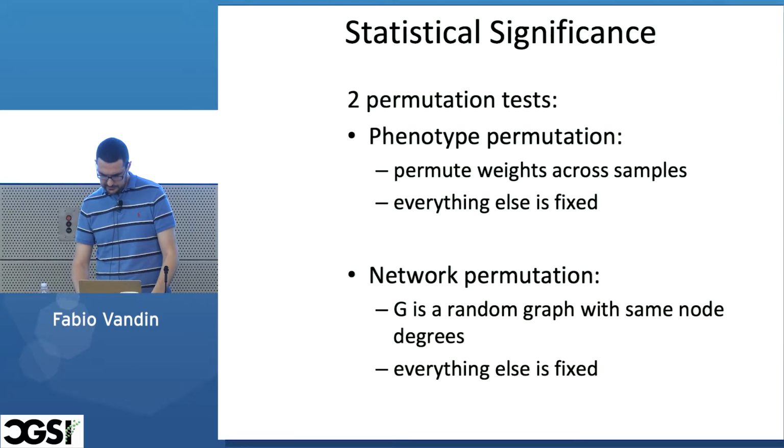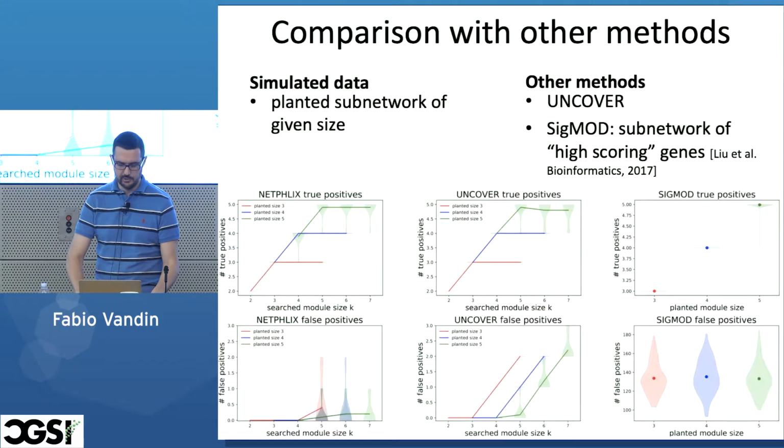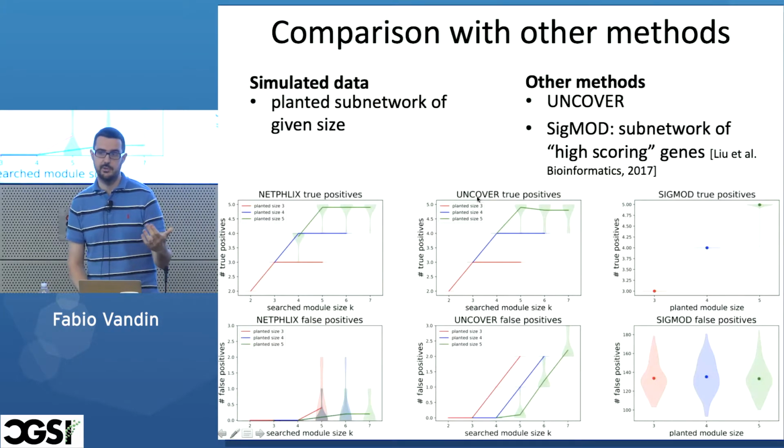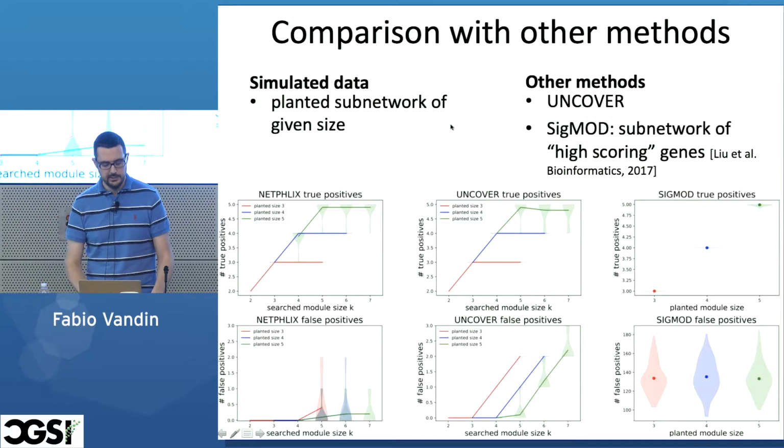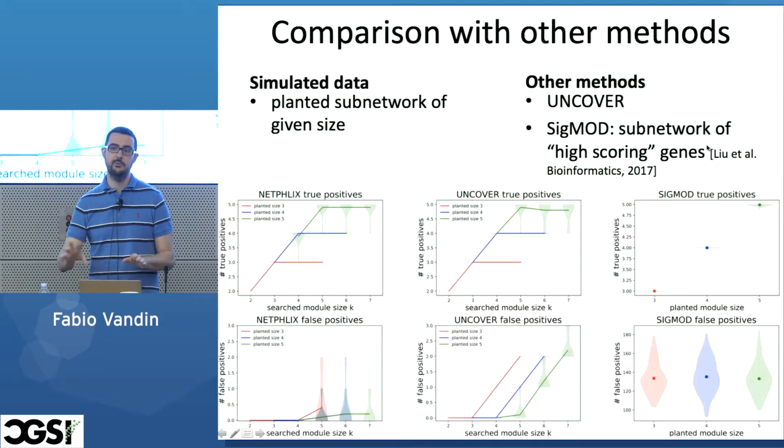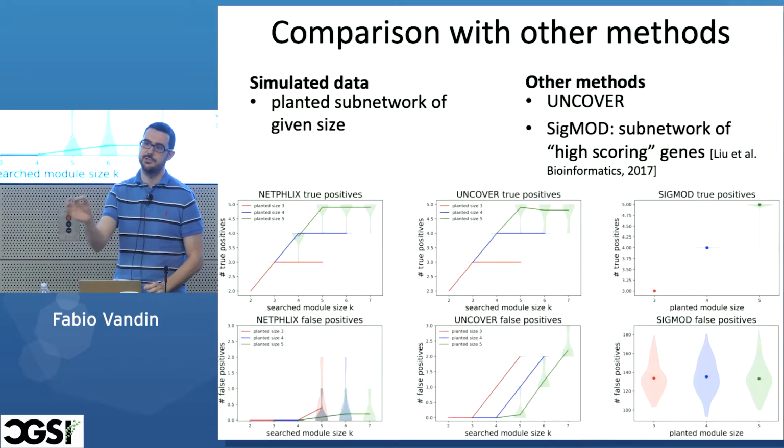Okay, so what we did here was first to use simulated data, very similar to the one I described before, where you plant a solution in your data while other mutations are random. We use these simulated data to both evaluate the ability of Netflix to identify the correct subnetwork and also to compare it with other methods, in particular with Uncover, and then also with a method from 2017 called Sigmod, that looks for subnetworks but really relies on single gene scores.